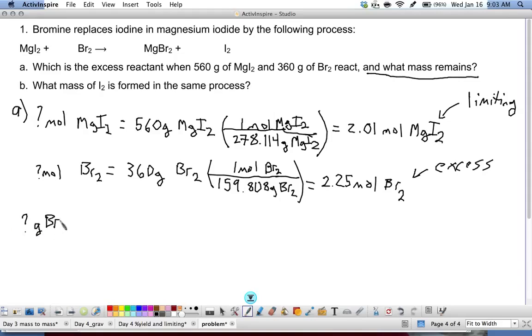So I want grams of Br2 given 2.01 moles MgI2. Okay. And the first thing that I see is magnesium iodide is not bromine, so I know I need to use a mole ratio, and in order to use mole ratio, I have to have moles, which I have. So I can do 1 mole MgI2 over 1 mole Br2.